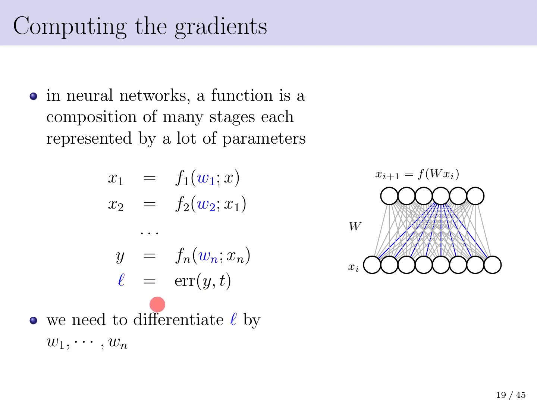So mathematically speaking, you have to be able to differentiate this loss L by each of W1, W2 through Wn. So this is what you have to be able to do mathematically to implement a neural network.